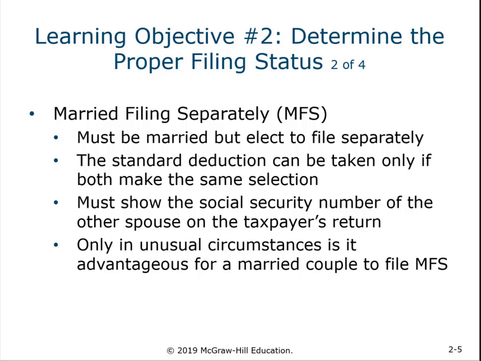This is usually not a good situation to use, all right, because the tax law has written in some, you might say, penalties. It's the idea that there are two tax returns to process rather than one for this married couple, and that just means twice as much work for everyone.